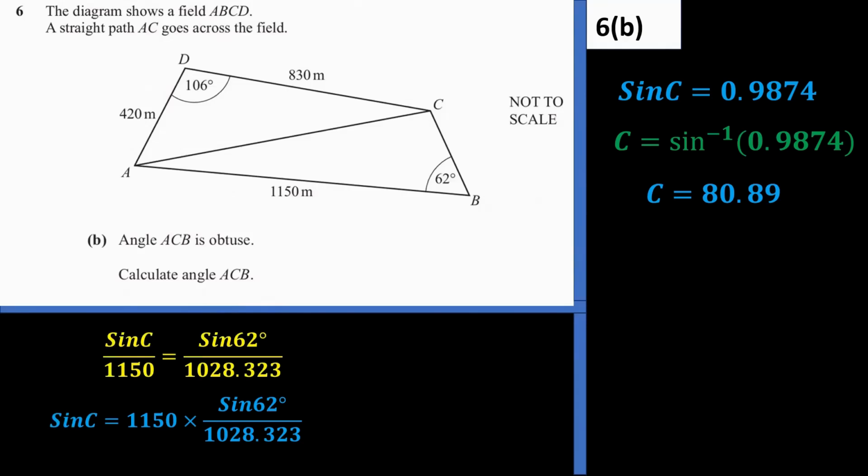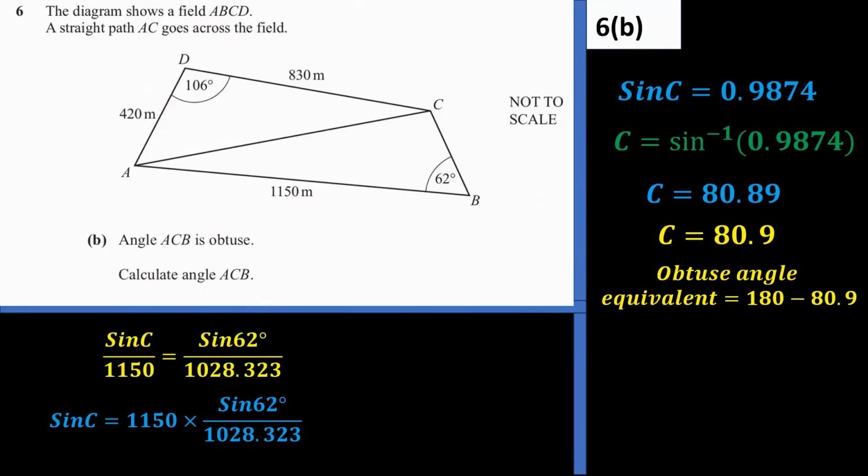To one decimal place, that's 80.9, and to get the obtuse angle we subtract it from 180, which gives us 99.1. So angle ACB is 99.1 degrees, and it's actually an obtuse angle because it's bigger than 90 degrees.